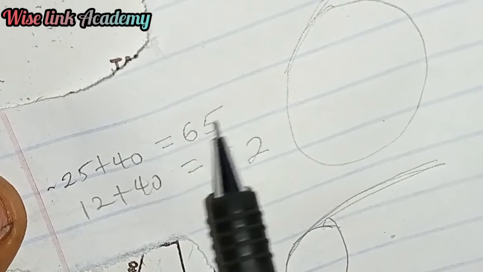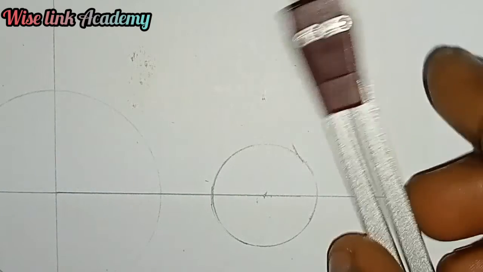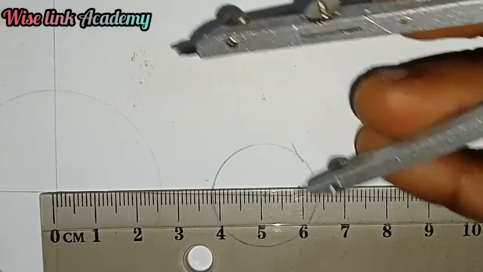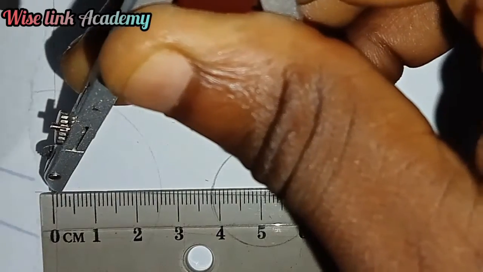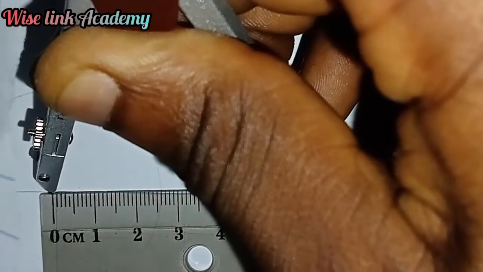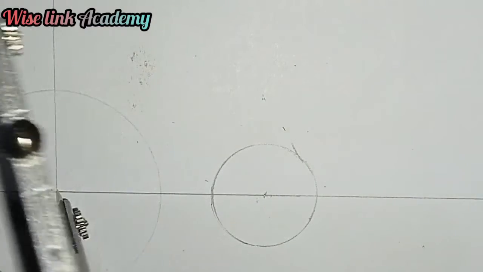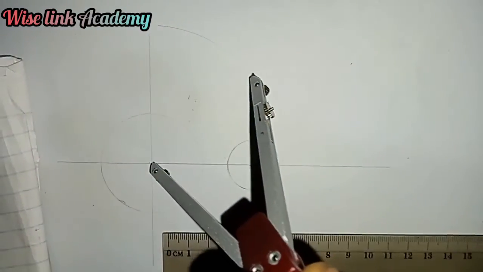The first one here is to measure 65. Let's measure 65 from here to this point here. Then you place it up in this place and strike an arc upward.